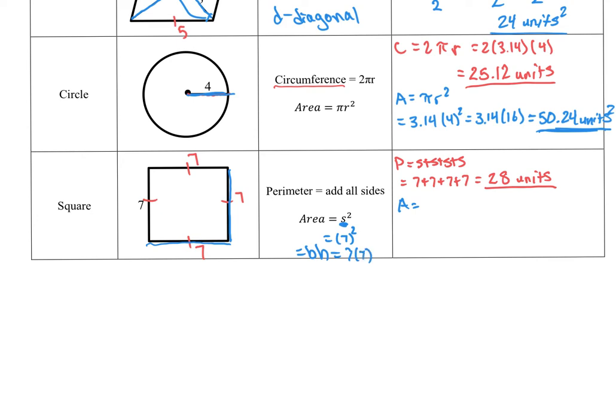So we get the same answer no matter what. So if I do area of a square, I'm just going to leave it as base times height. It's the same thing as side squared. We know that it's going to be 7 times 7, which equals 49 units squared. And that is the area of that square.